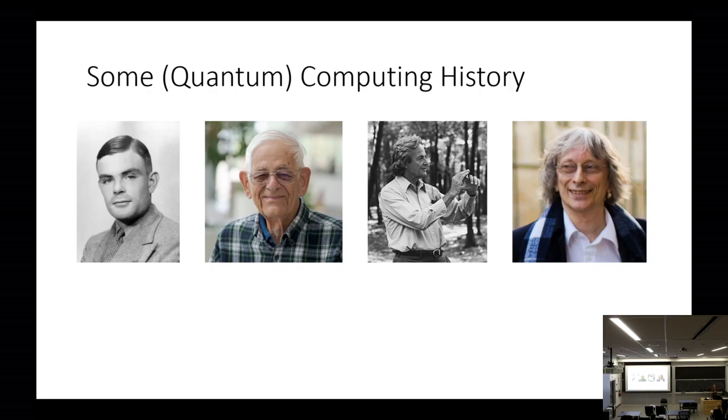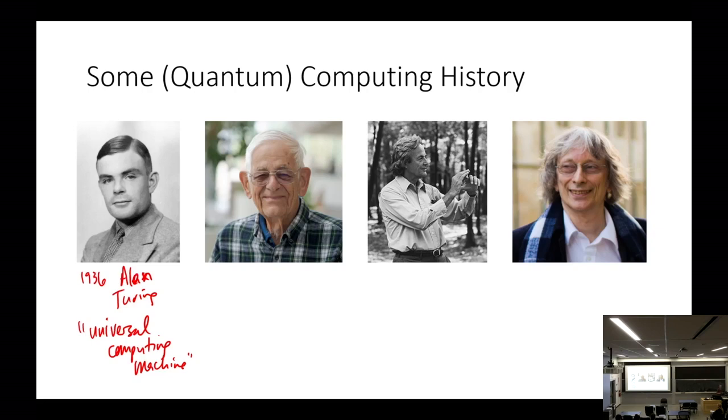So in 1936, this is when Alan Turing published his paper on computable numbers. And this was sort of in response to an earlier paper on the Hilbert problems. And in his paper, he described something called a universal computing machine. A lot of you probably have seen movies about this. And that is the thing that became the Turing machine.